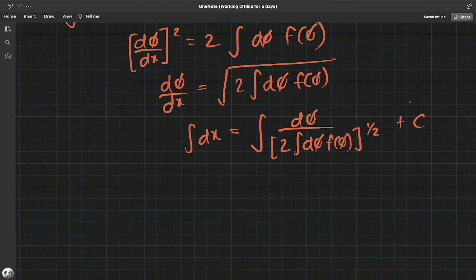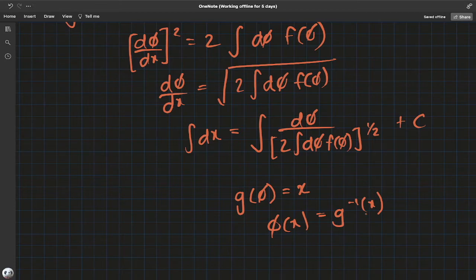I mean, that is still an acceptable solution because we still solve it, or we come closer to solving it, but it can be really hard to solve using elementary methods. If so, I'm assuming after all this annihilation we get some g of phi equals x. Since we wanted to solve for phi of x, we'll just have to invert it.